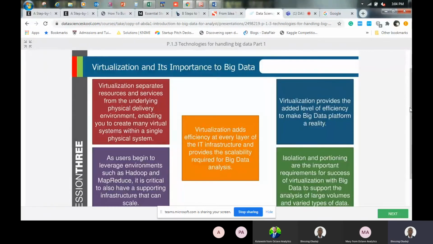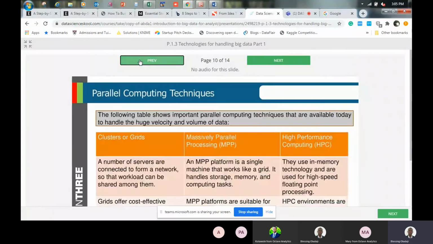And as users begin to leverage this environment for MapReduce and Hadoop technology, it's also critical to know that its supporting infrastructure, that is the physical infrastructure holding all of this technology, can scale.